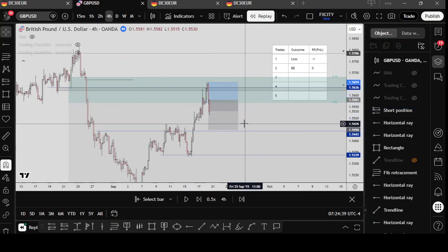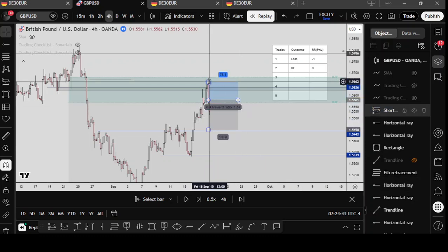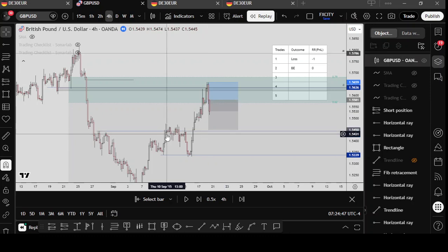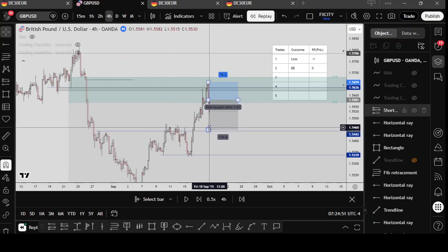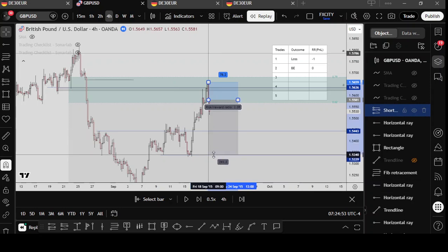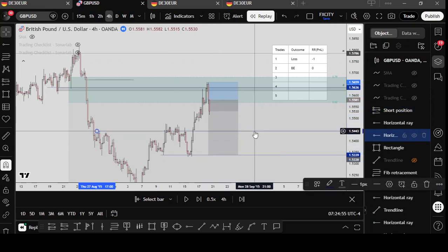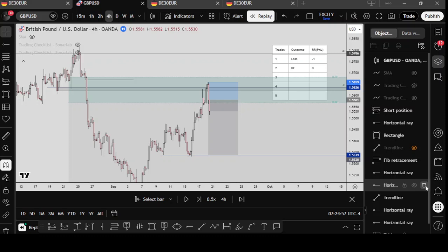It's not the best entry because this particular candle closed really strong. It's not the best, but it's still something. With this, my target is going to go to this level. I will delete this one.